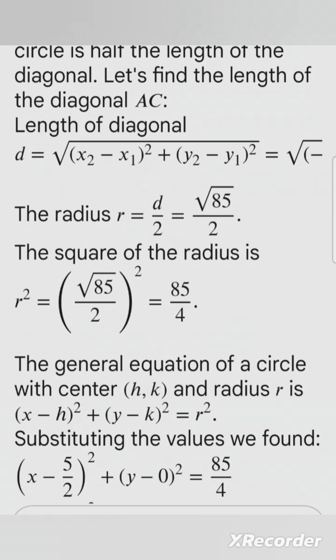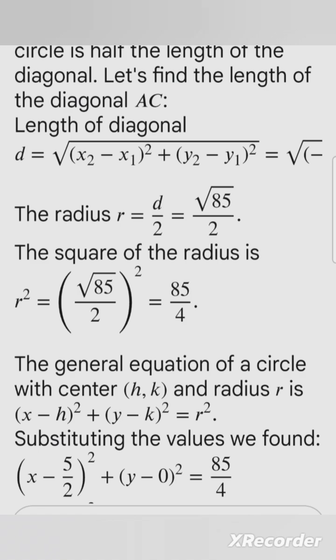And we need to find out the radius as well. What is to be the radius? Radius will be half the diameter, that means half the length of AC. So first find the length of AC, which has come to root of 85 by taking the coordinates of A and C. Therefore the radius will be what? Root 85 by 2, or r square, radius square is 85/4.